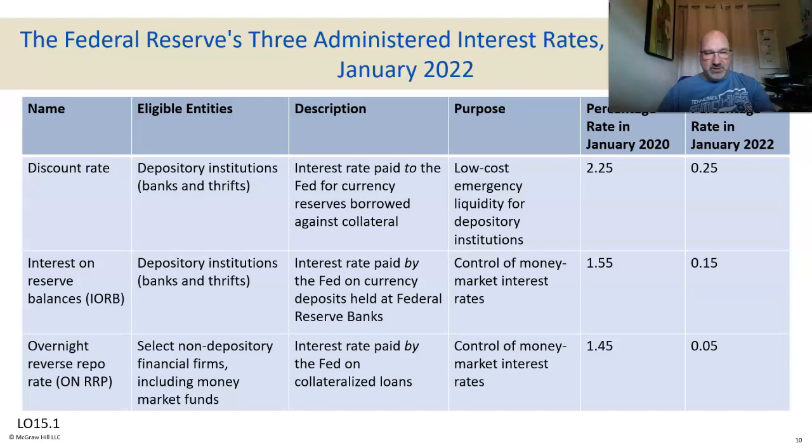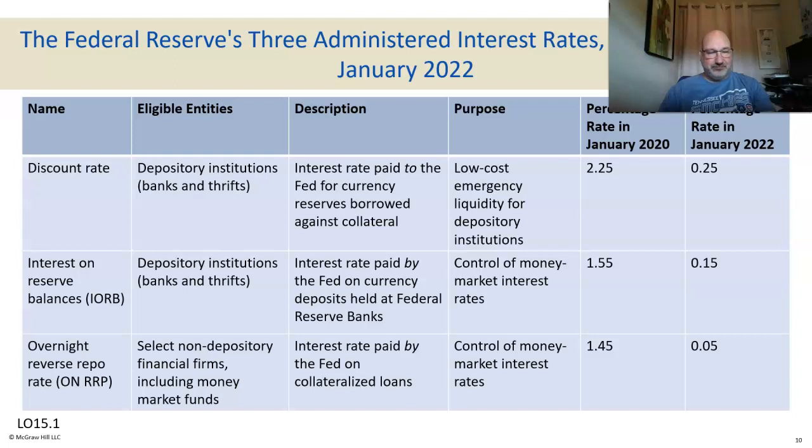Interest on reserve balances: January 2020, it was 1.55; January 2022, it was 0.15. Overnight repo rate: January 2020, it was 1.45. And January 2022, it was 0.05.